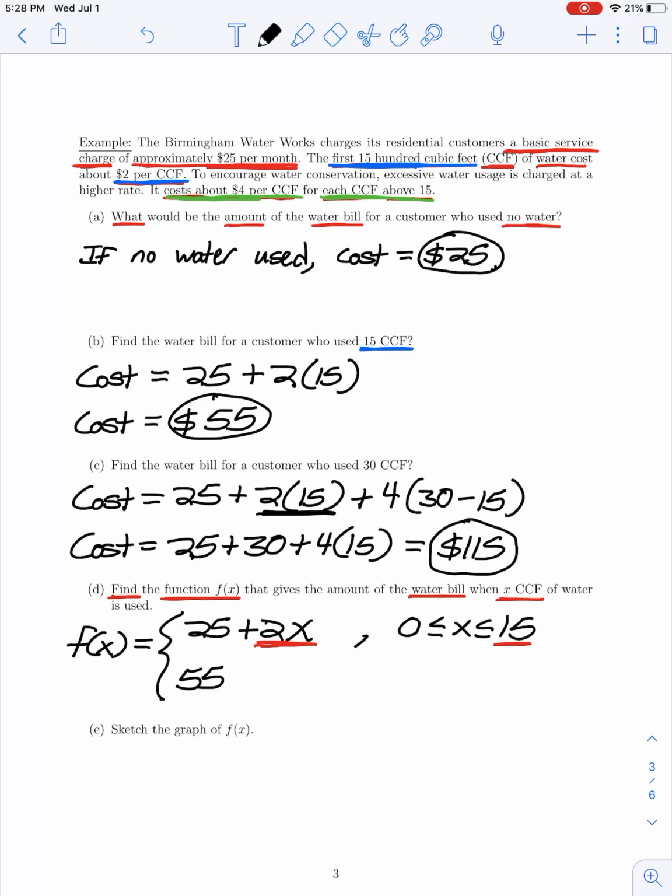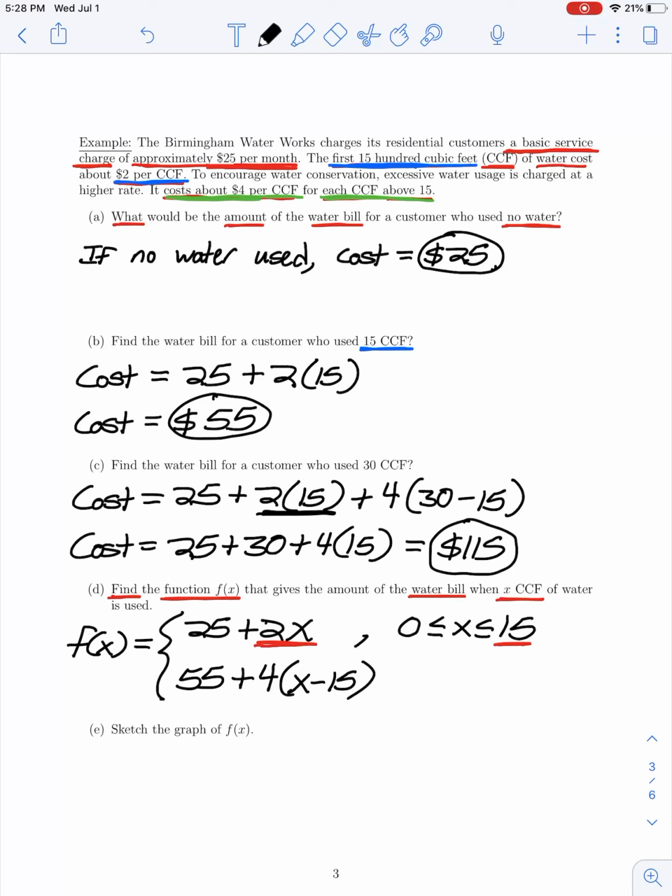So we have a $55 charge for using 1,500 cubic feet, and for each 100 cubic feet that we use after that initial 15, we're being charged $4. So we would have a $4 charge, and the amount of water used over the initial 1,500 cubic feet would be x minus that initial 15.